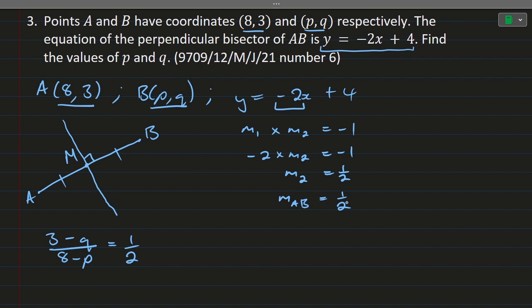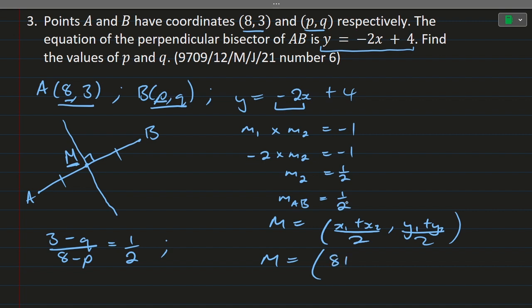So we can also create another equation in terms of p and q using the midpoint. So the formula for midpoint is m is equal to x1 plus x2 over 2 comma y1 plus y2 over 2. So the coordinates will start with A, that's 8 plus p over 2, and 3 plus q over 2.